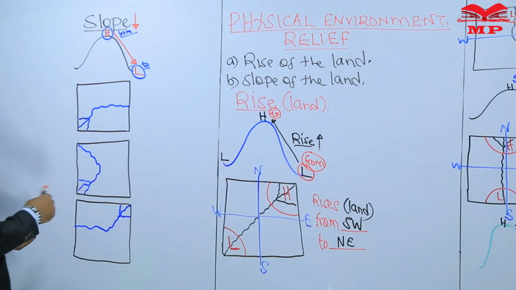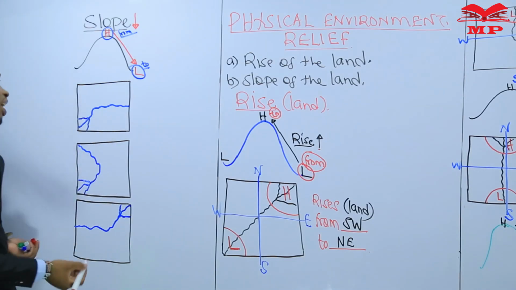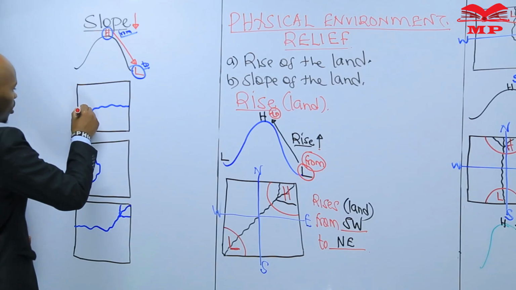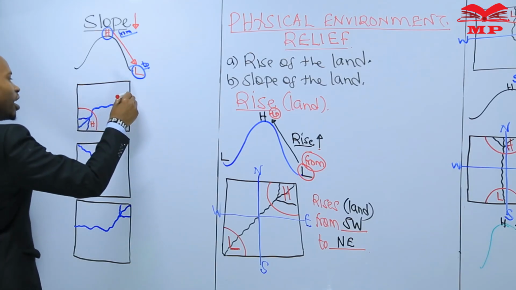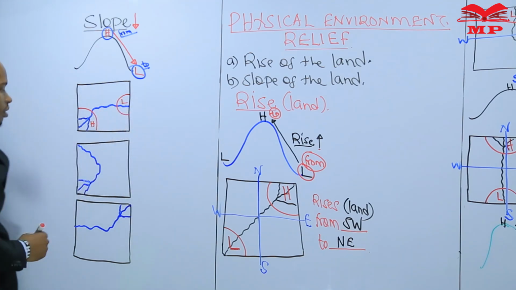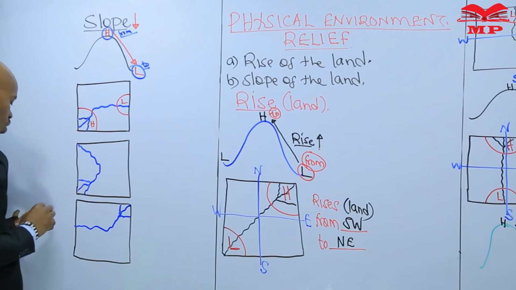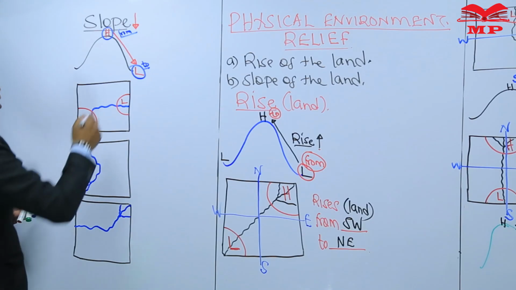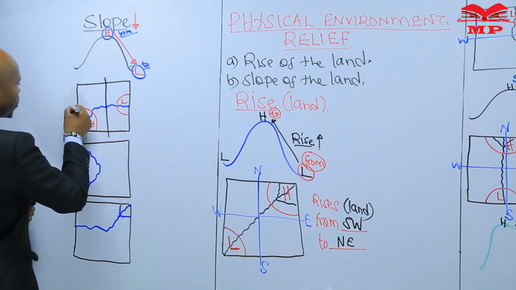So, what do we need for this purpose? First of all, we need to identify the lowland and the highland. So where the river originates, that's a highland. Where the river drains its water, that's a lowland. Number two, we need a compass for that direction to be known.